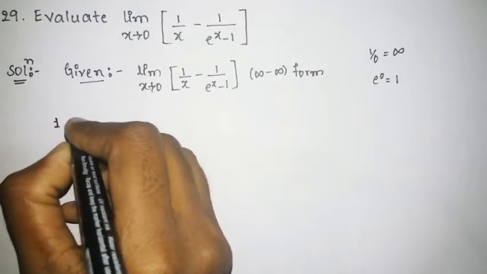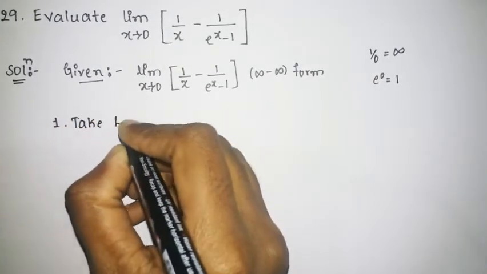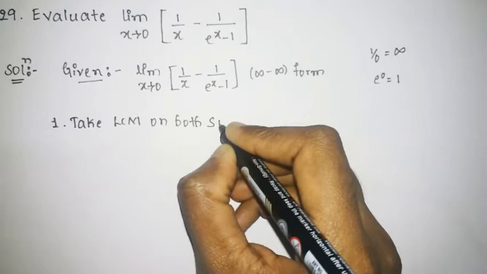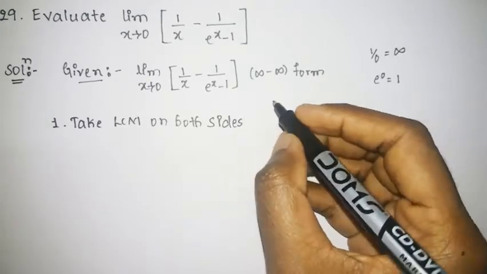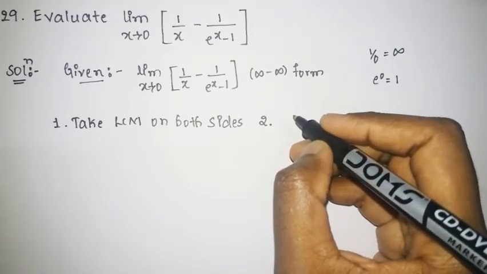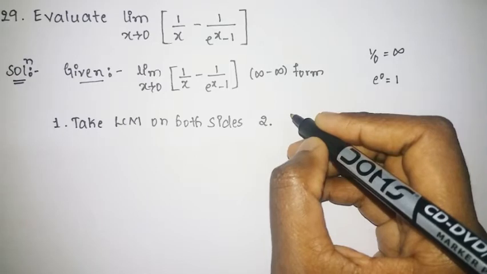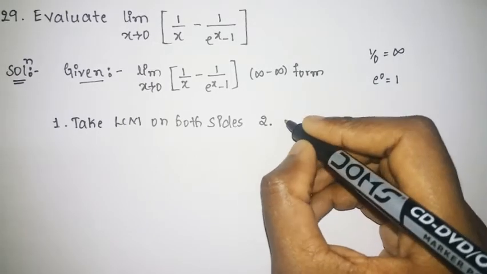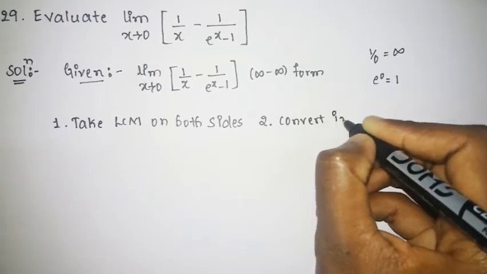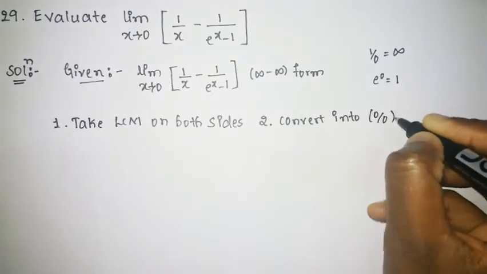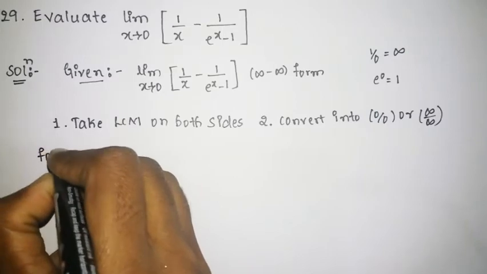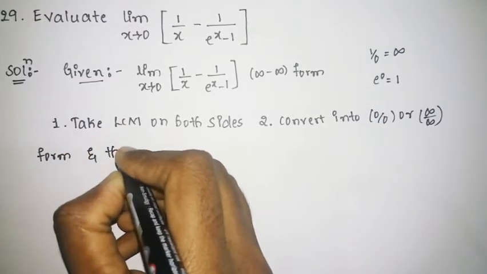Then, once the LCM is taken, the next step is to convert it into either 0 by 0 form or infinity by infinity form, and then directly apply L'Hospital's rule and obtain the constant value.